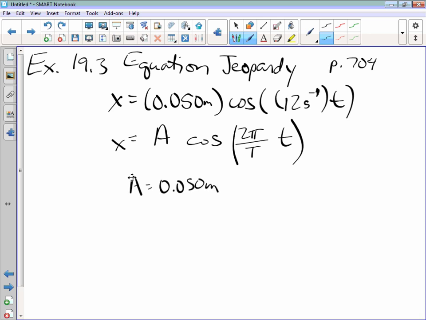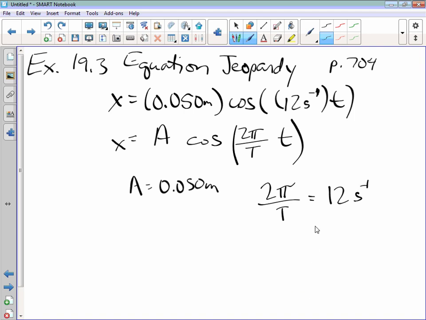And our period would have to be equivalent to 12 seconds. So for this to work, our 2 pi over period is going to have to be equal to 12 seconds inverse, or hertz.